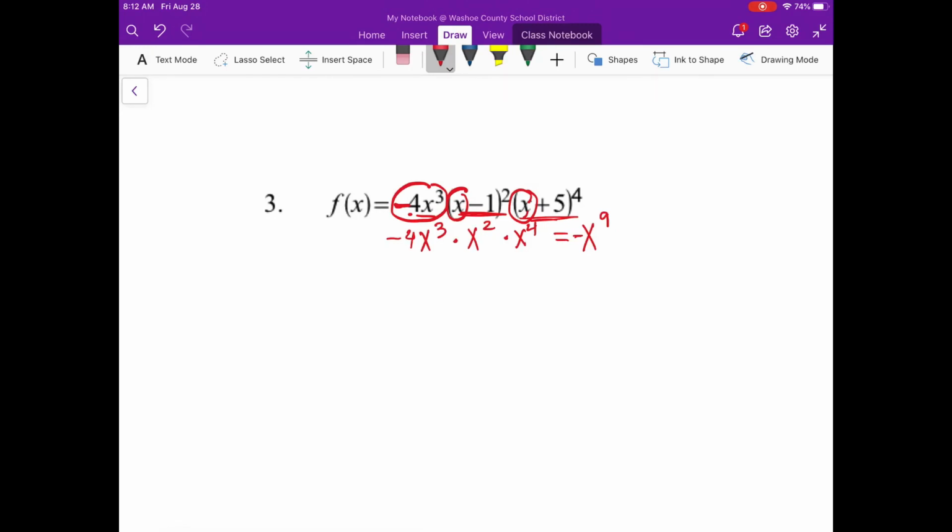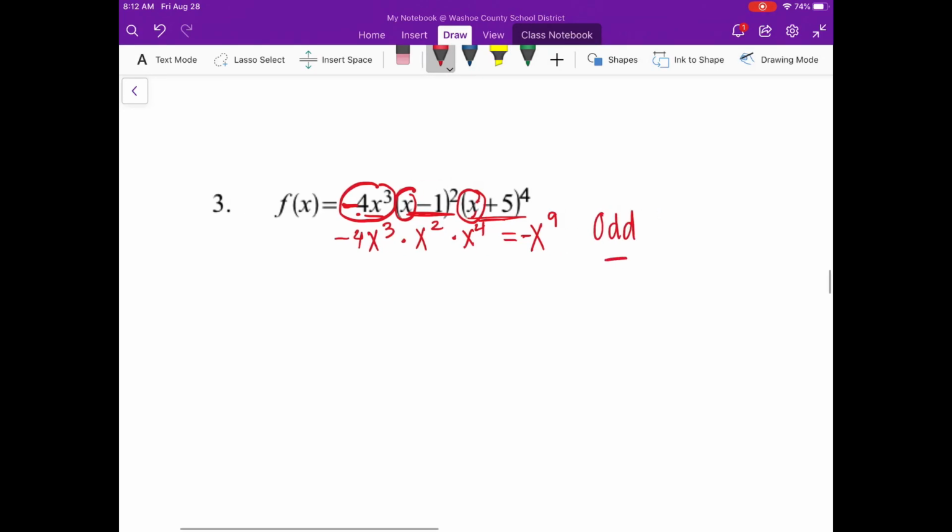All right, so now that you did that, which is tricky, so always pay attention. Are the terms separated, or does it mean that you have to multiply it through to create a bigger exponent? Okay, so now I have an odd function, because 9 is odd, but now it's negative.